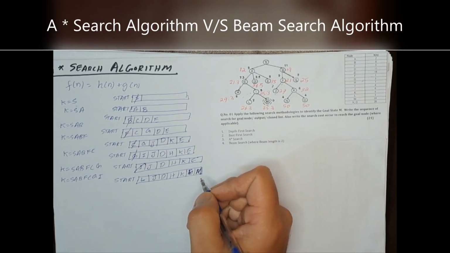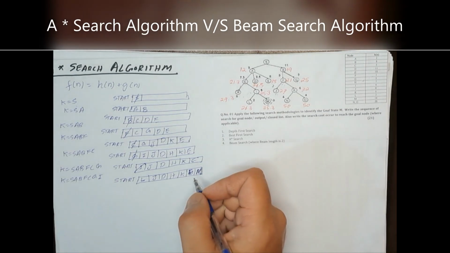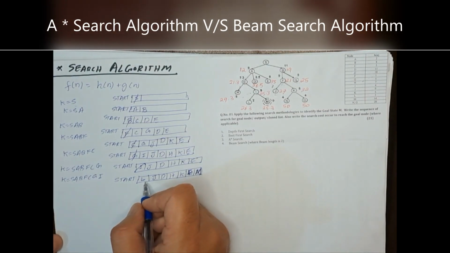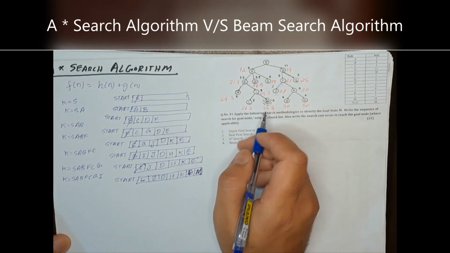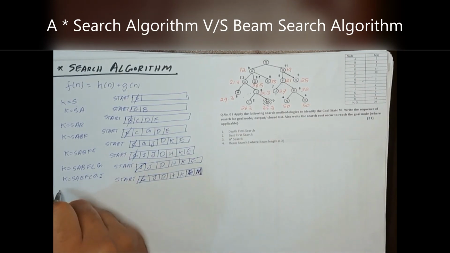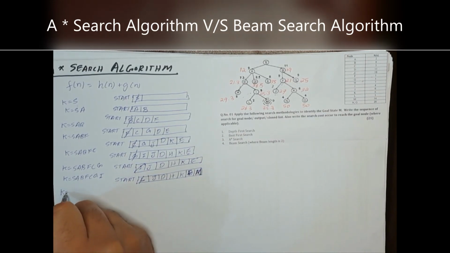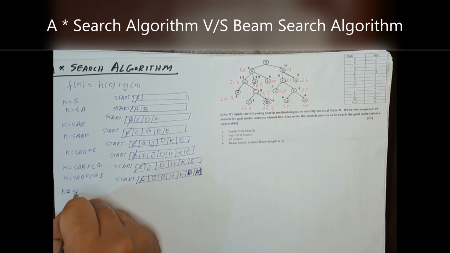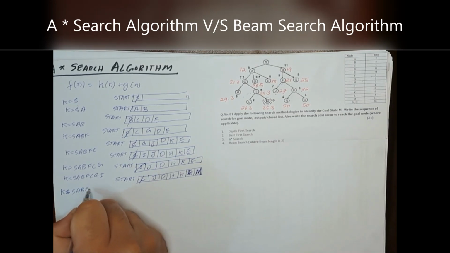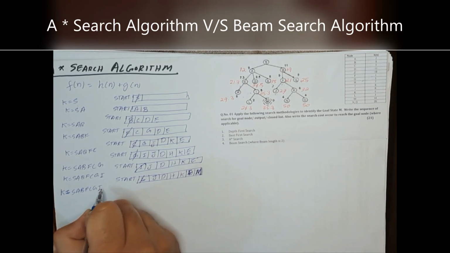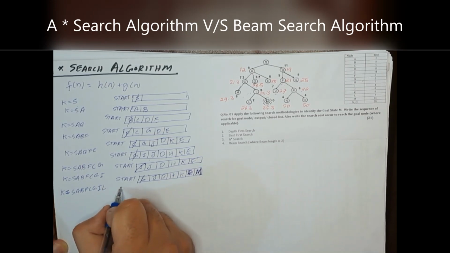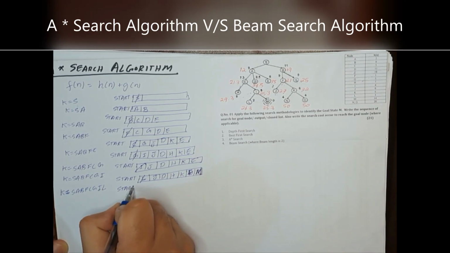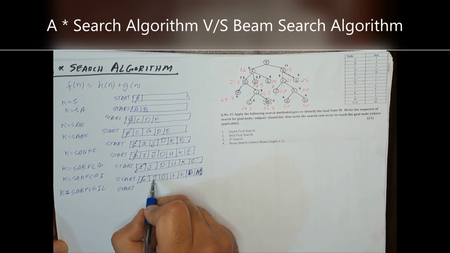Okay, so now we are going to remove the next one, that is L. Does L have any child node? No, so we will remove L from it and add it to our variable K: F, C, G, I and L. Now the start list will get J. Does J have any successor?